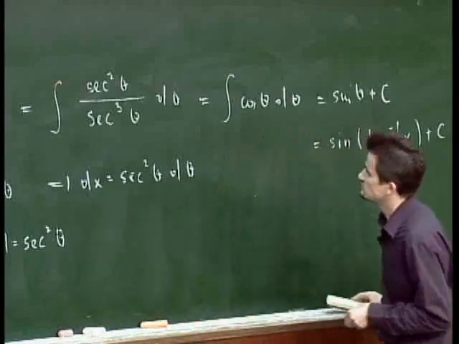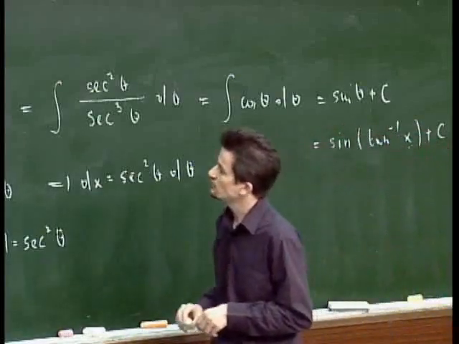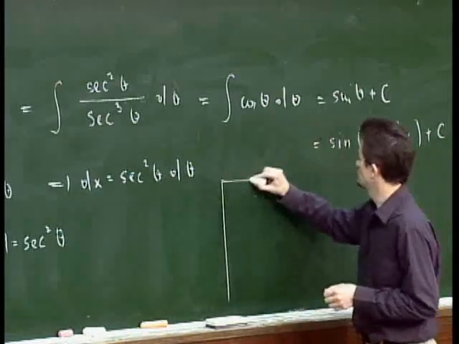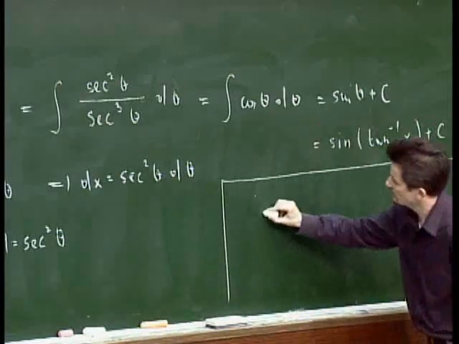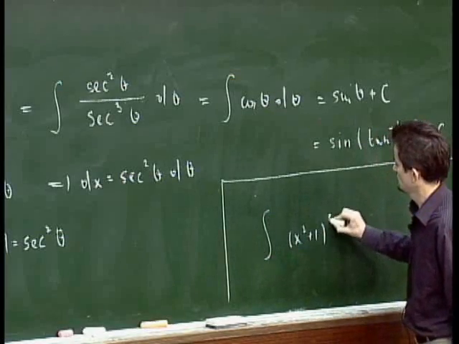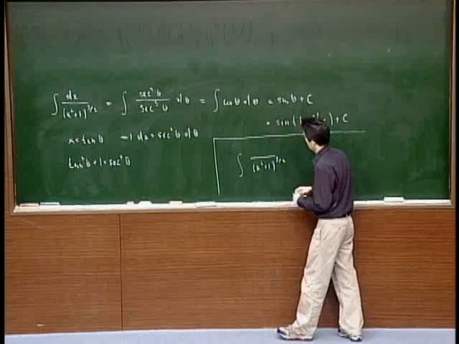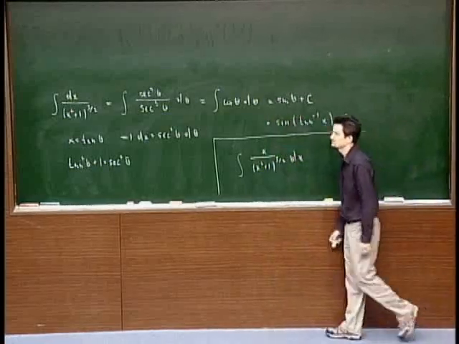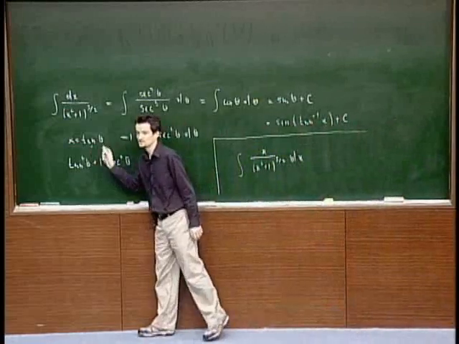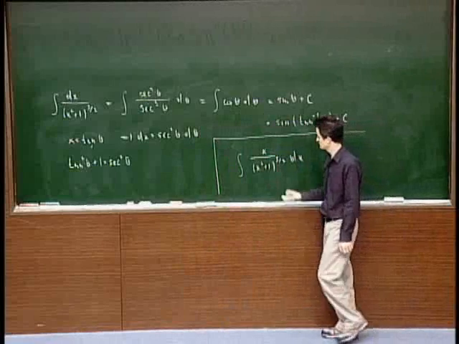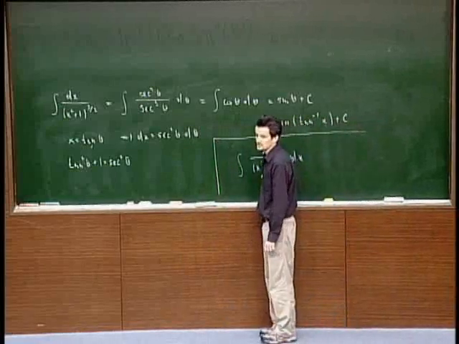Now, maybe I should stress here that if the original function is this one, of course you can use this method to handle such an integral, but don't do it, because you have a much easier method here.